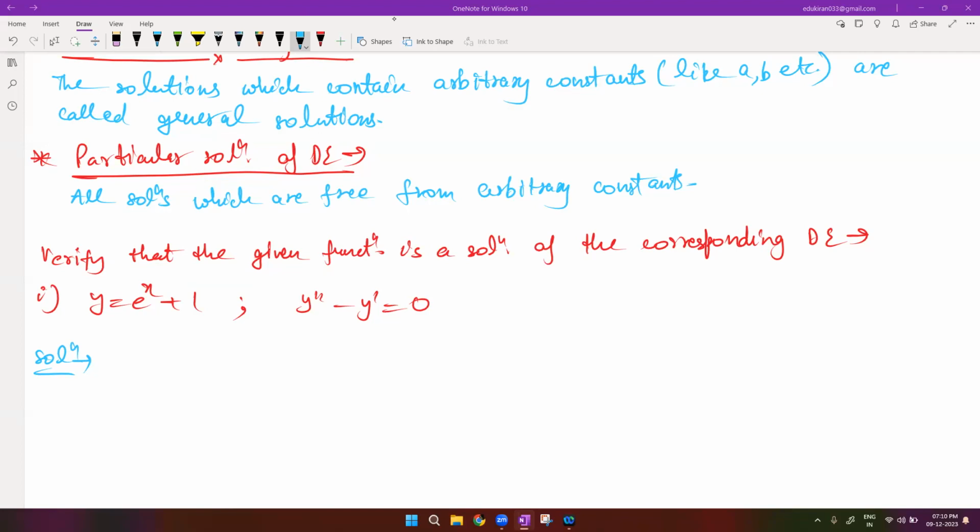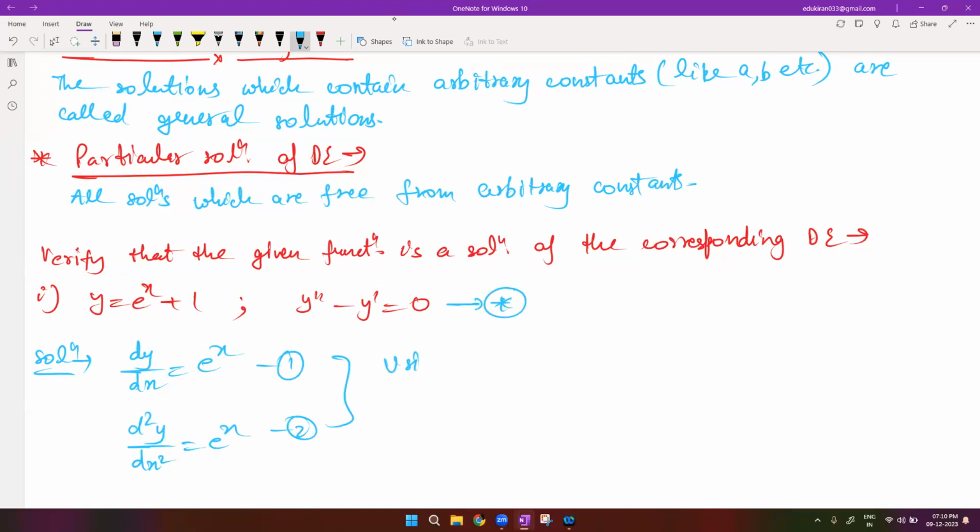So we have y, and we first find dy by dx. dy by dx will be the differentiation of e to the power x, which is e to the power x, plus 0, because 1 is a constant. Then d2y by dx square will again be e to the power x. We can write these equations as 1 and 2, and this equation as star.